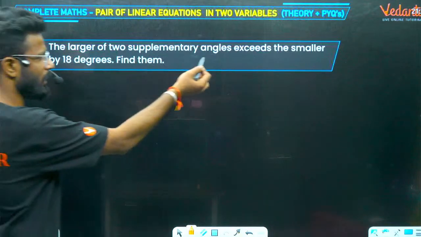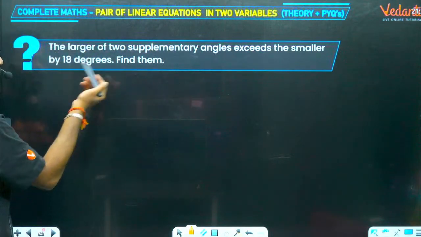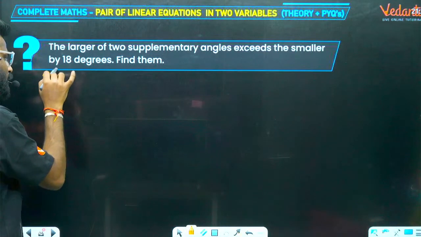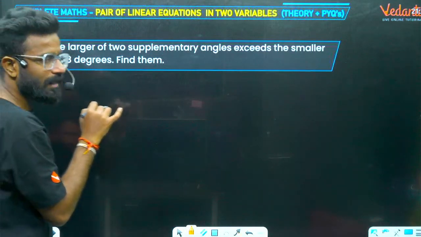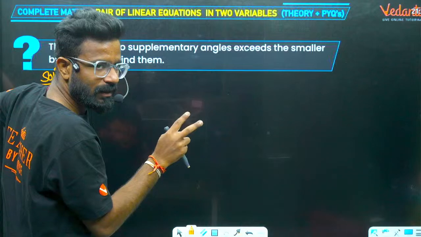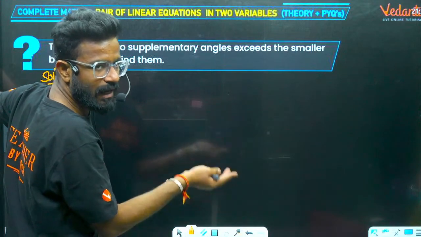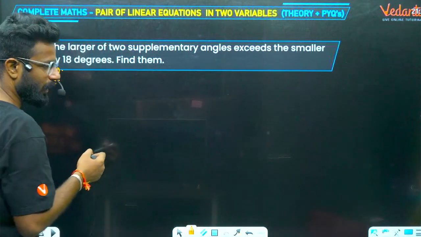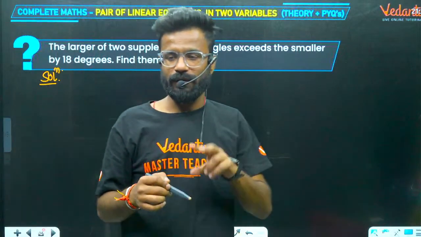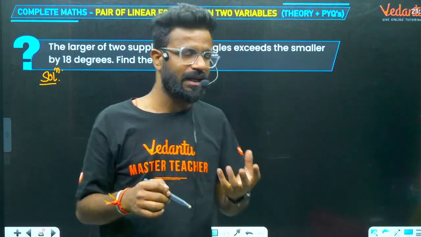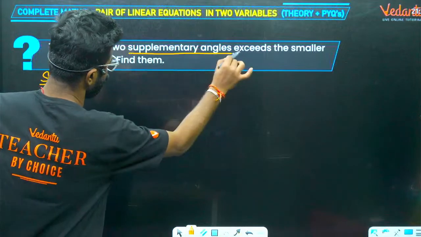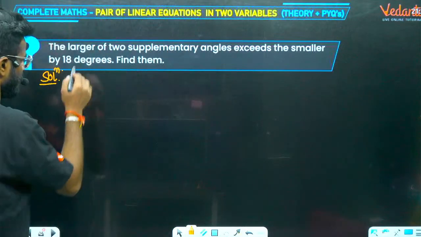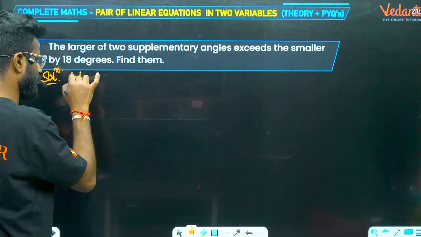The larger of the two supplementary angles exceeds the smaller by 18 degrees. Find them. We know what supplementary angles are: two angles that sum up to 180 degrees are called supplementary angles. The sum of the two angles is always equal to 180 degrees. That's what we call supplementary angles.